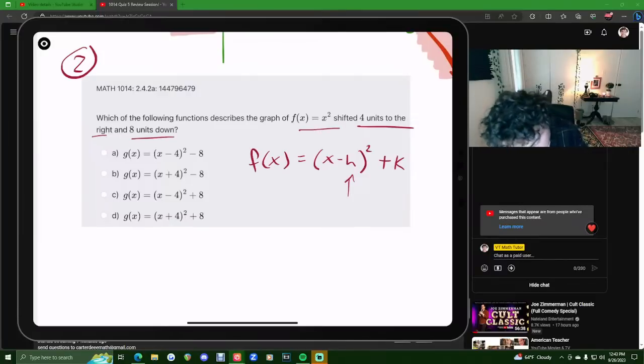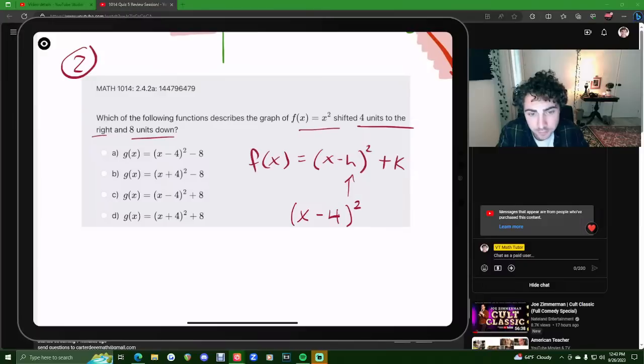So to shift 4 units to the right would look like this: x minus 4 squared, because we're going 4 in the positive direction, and the trick sort of is do the opposite of what it looks like you're doing in the parentheses. So x minus 4, you would think we're going in the -4 direction, but we're actually going in the +4 direction, or 4 units to the right.